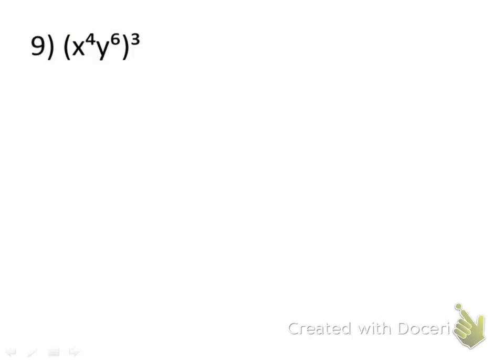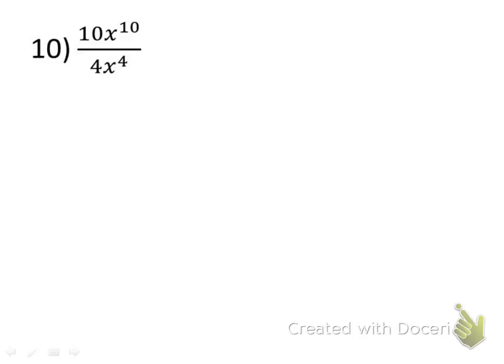What would I do on a problem like this? Yeah, so on this one, we multiply all the exponents by the 3. So it would be x to the 12th, y to the 18th. Very good.